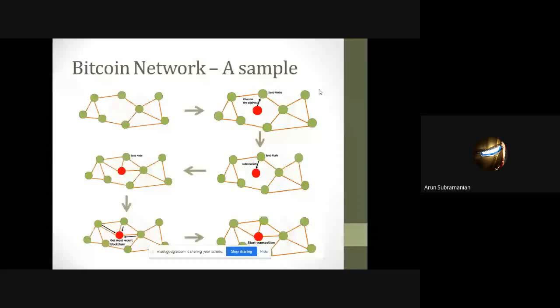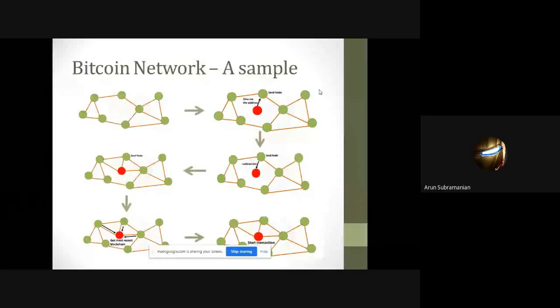Once I get the address, I will know my peers, and I connect to all my peers from the address list. All nodes maintain a blockchain, which we'll see in a few minutes. I get the list of blockchains that have already transacted, keep it on my node as well, and then start transacting. So this is a basic network, and this is the procedure if you want to register into the network.